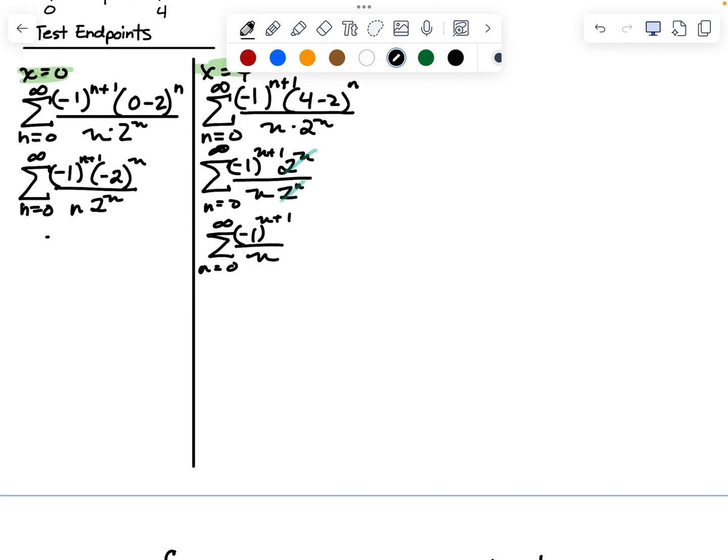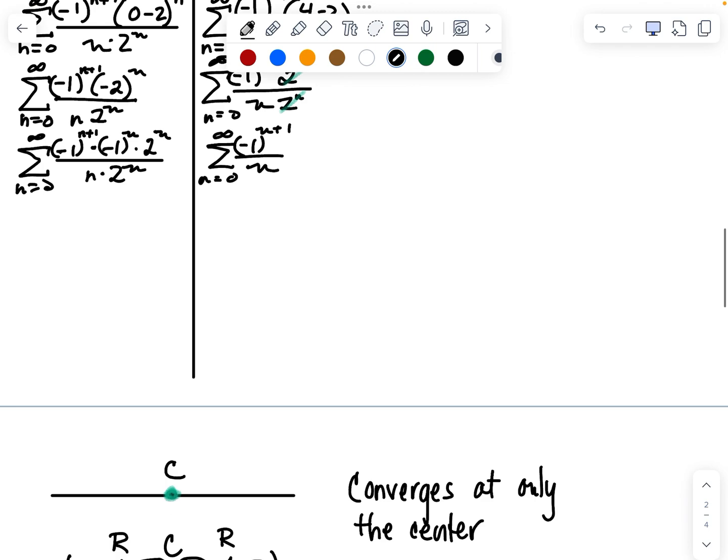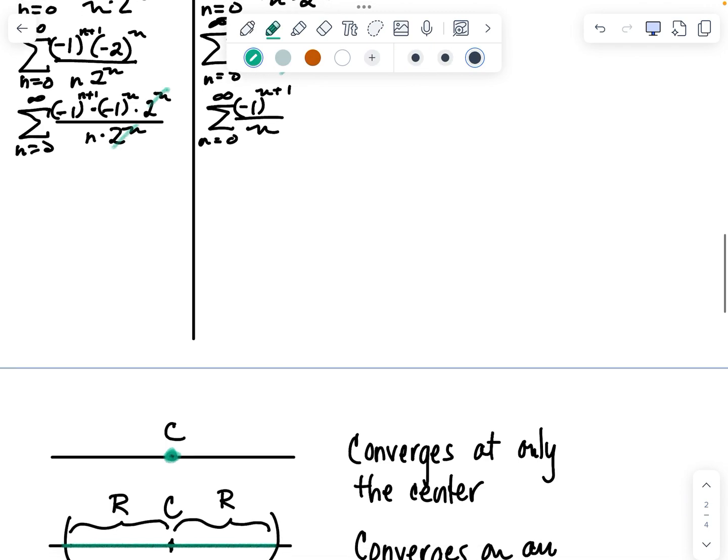I'm going to come back over here, and you can see that you've got this -1 to the n plus 1 power, and then we're going to make a factor of -1 to the nth power here, times 2 to the n. So using our exponent rules, this is over n times 2 to the n, and you can see now at this point the 2 to the n's are going to cancel.